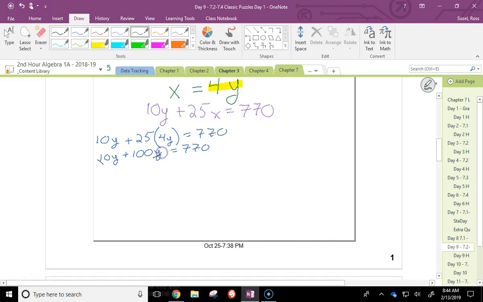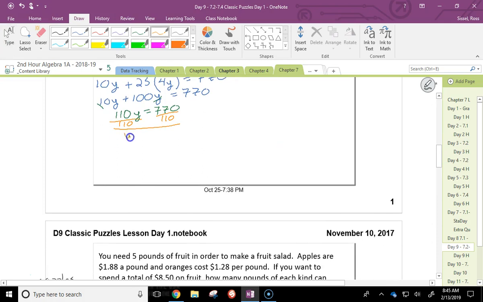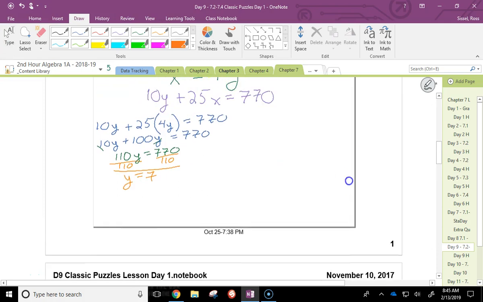Combine like terms, I'd have 110y equals 770. When you divide by 110, we get y equals 7.